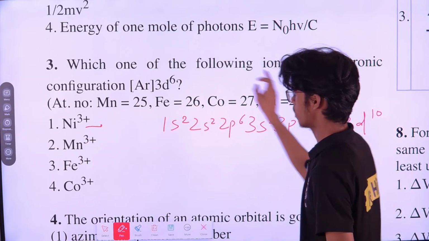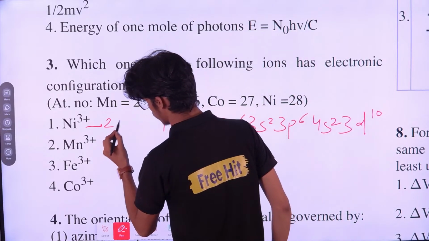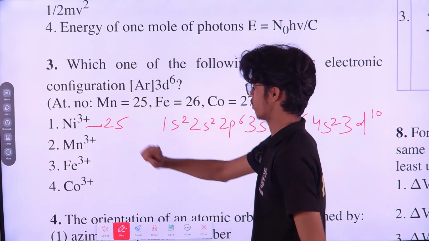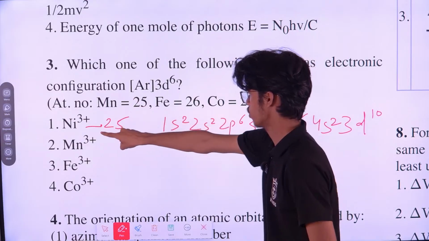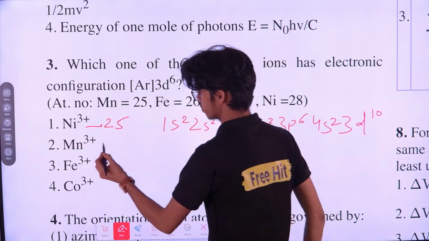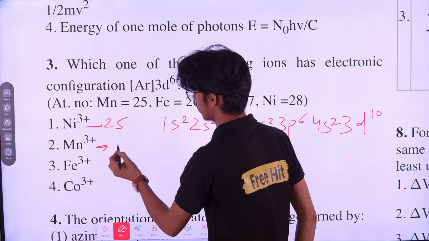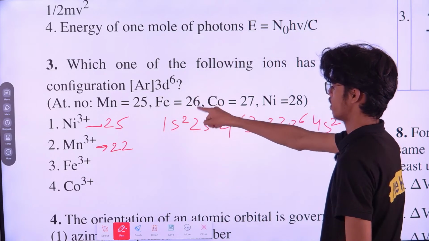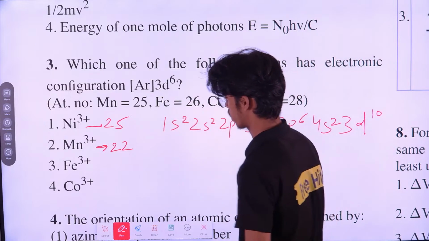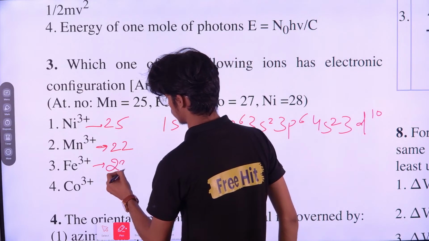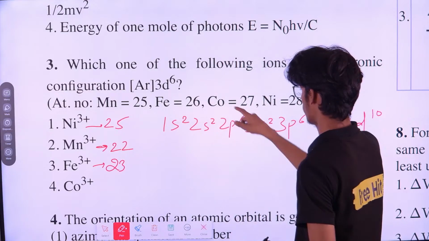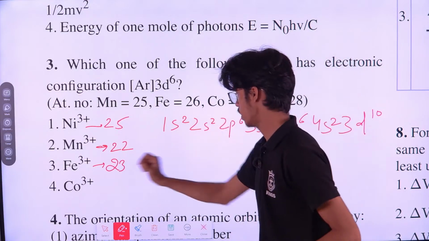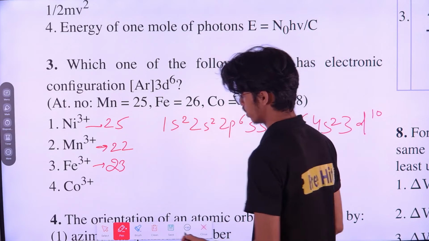It is 28, and subtract 3, it is 25. Mn3 positive, Mn is 25 and 3 electrons are removed, so it has 22. Fe is 26, remove 3, so it is 23. Cobalt is 27, and you remove 3, that is 24.